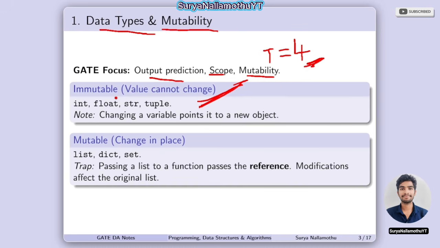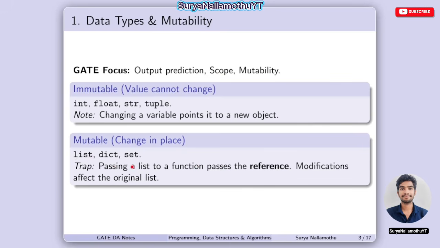That we call immutable. The note point is that changing a variable points to a new object. It means we can change the t value at this position, but we can't change this 4 value. Mutable means change in place. It means we can change the value in place. So the list, dictionary, and set.